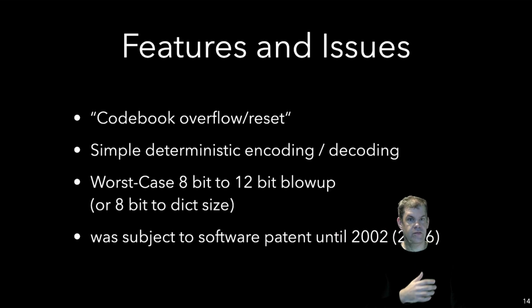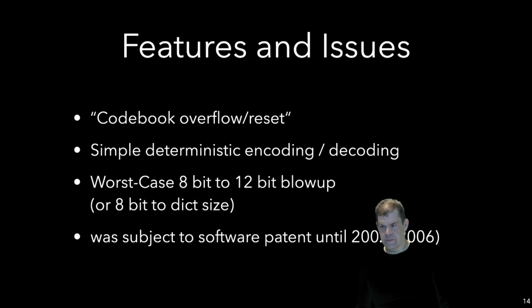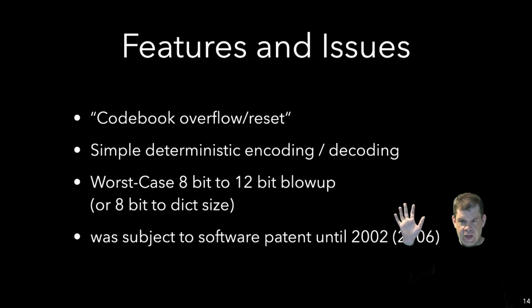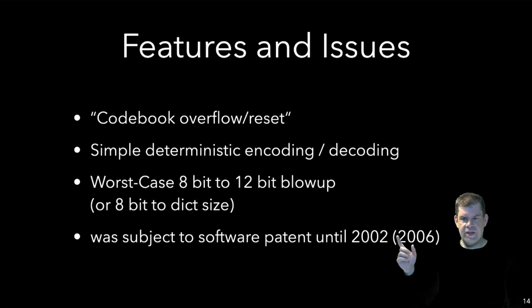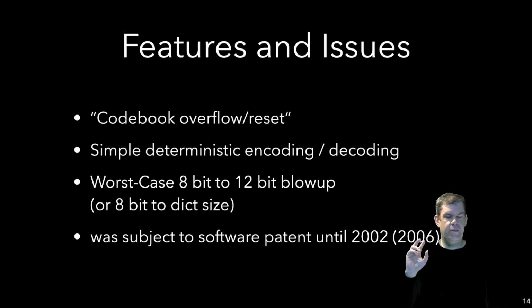Another issue is that this very method was patented until 2002, which is probably not an issue anymore, given that that's about 20 years ago, but it was a pretty big deal. In some areas, it was even under patent until 2006. I think 2002 was US and that's Europe or vice versa, I can't remember. But in any case, it was patented and companies actually fought for that patent.